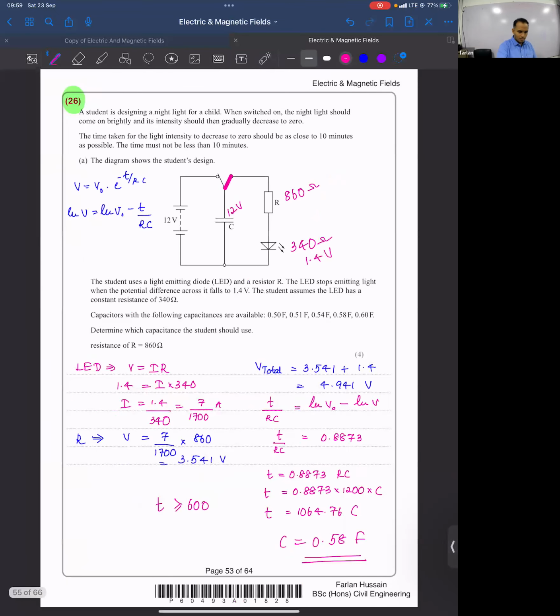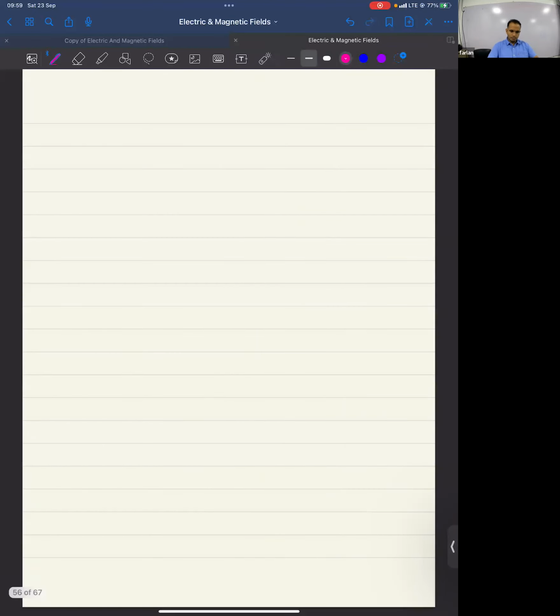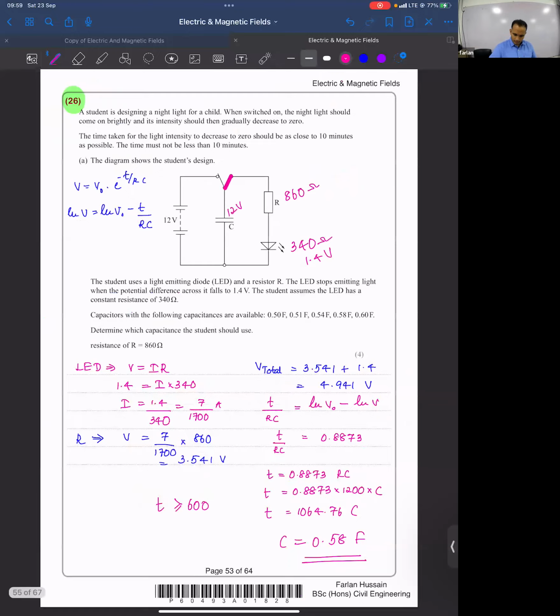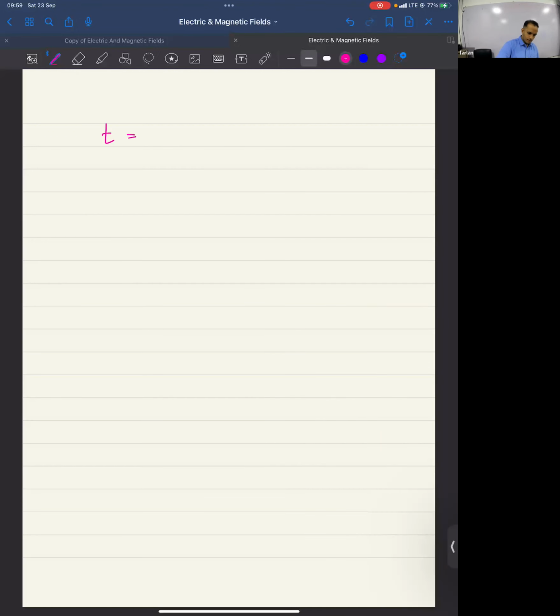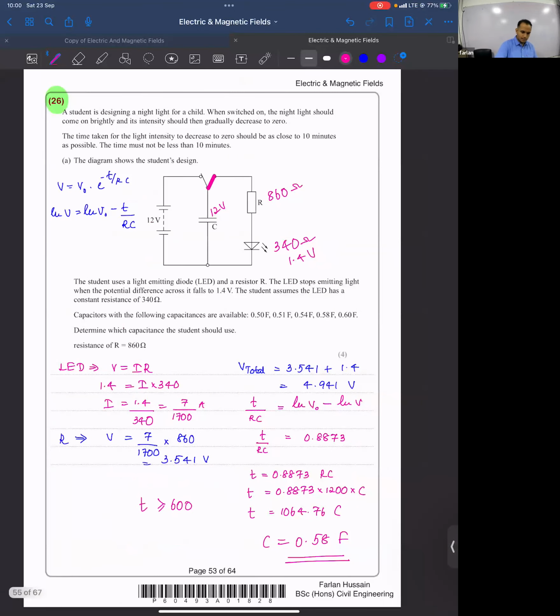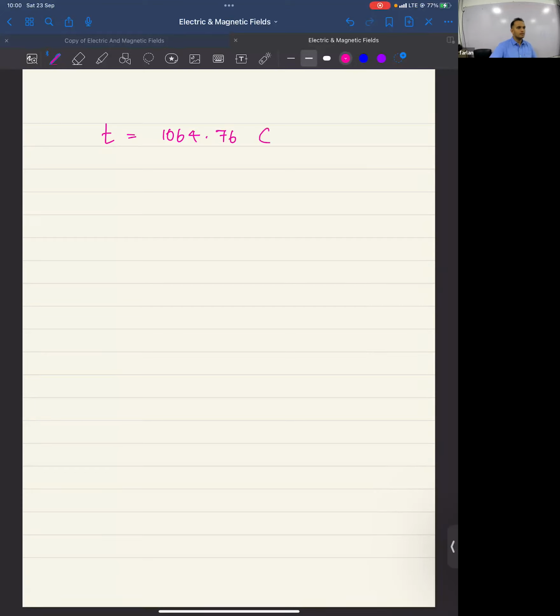If you are comfortable with that, there is one thing I can do, but some people might be confused with this. Look at this. I got T equals 1064.76 C, right? If you have a good math background, you will understand this. I want the T to be greater than or equal to 600, right? So 1064.76 C should be greater than or equal to 600.